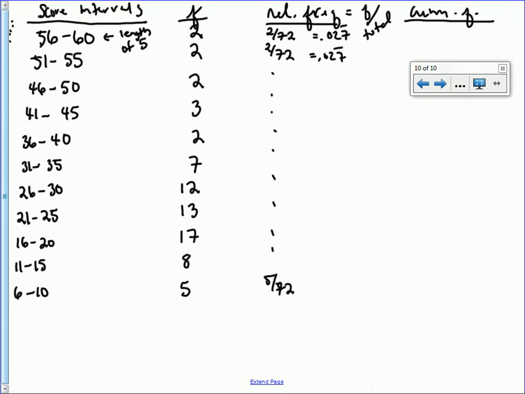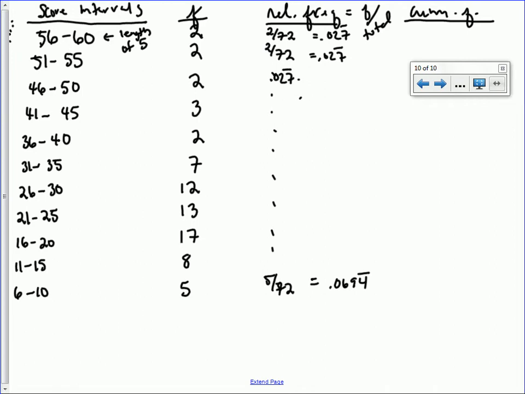You could do this for your whole chart, right? The last one being 0.0694 repeating. Verify those calculations. Again, you could do them for all of them here. Okay, I will go ahead and show you those in decimal now.